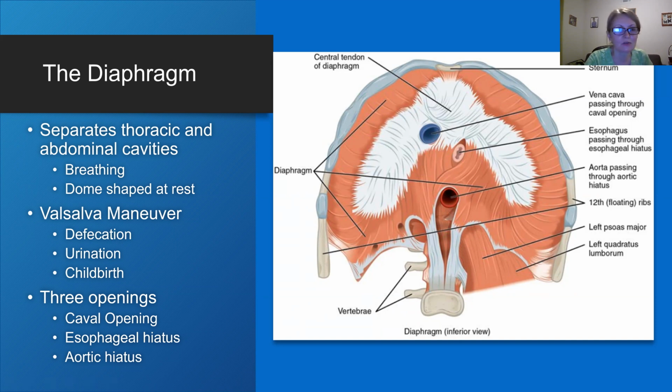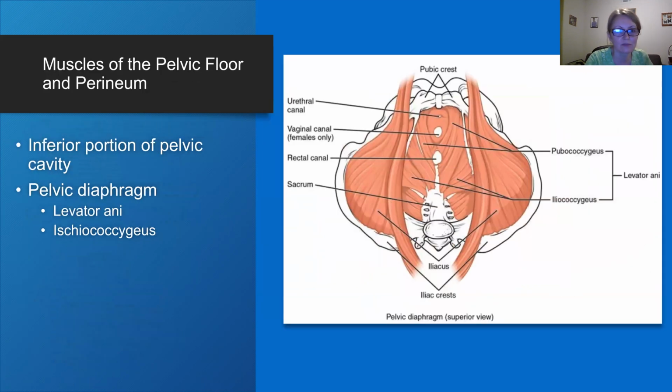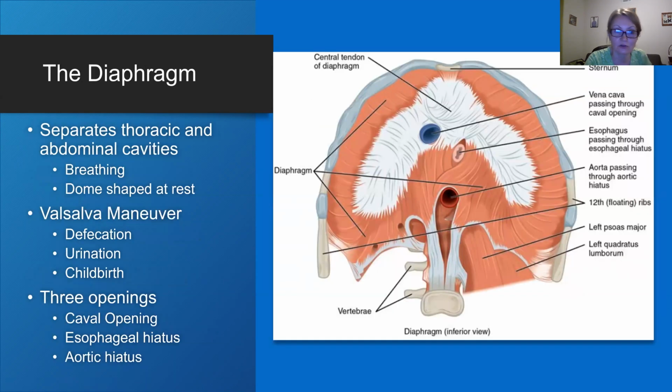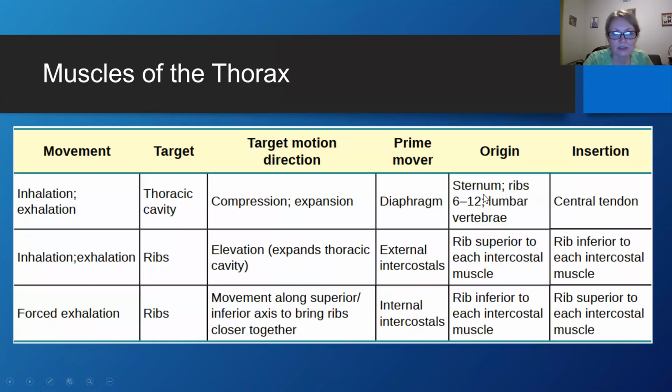But it's interesting also that if you look over here, okay, let's go to the previous one, and you see the diaphragm originates on your sternum and ribs, low ribs 6 through 12, and also lumbar vertebrae.